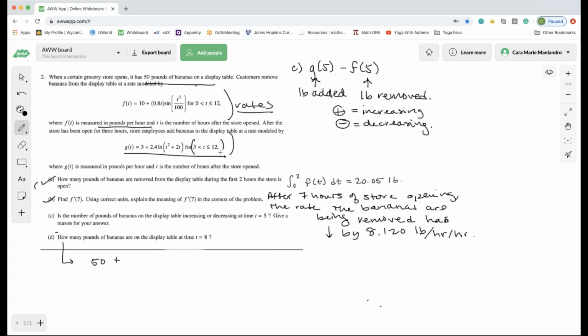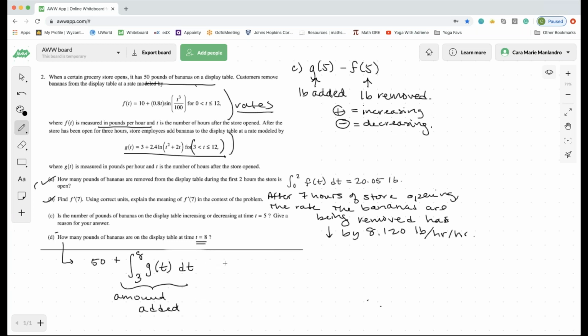Now note the bounds here. We only started adding bananas after 3 hours. So I'm starting at 3 hours and going to 8 hours of g of t dt. This is the amount that were added.